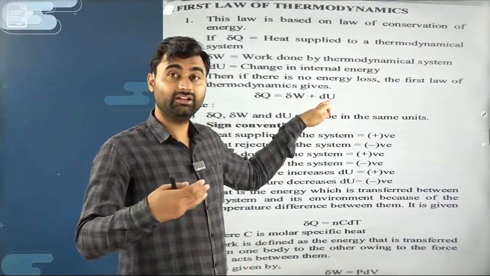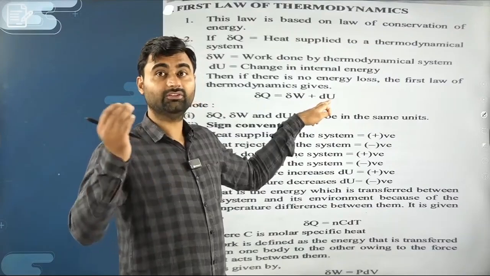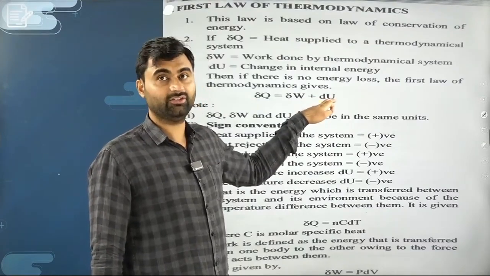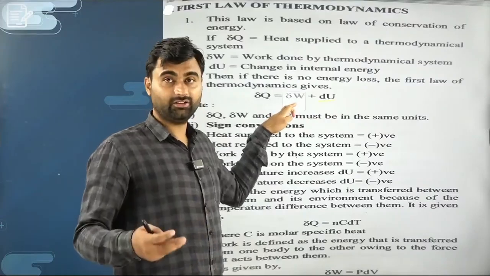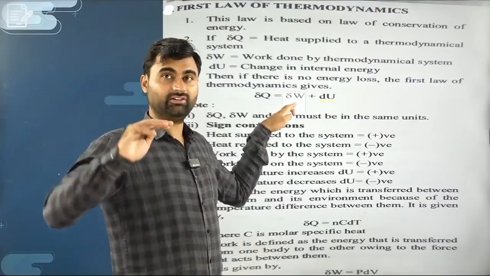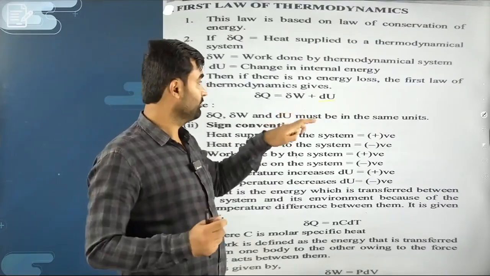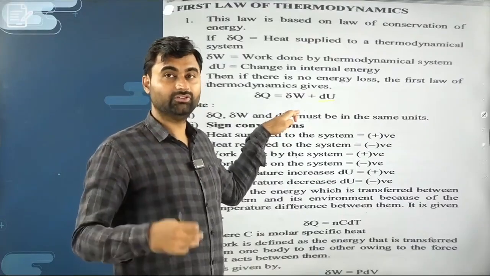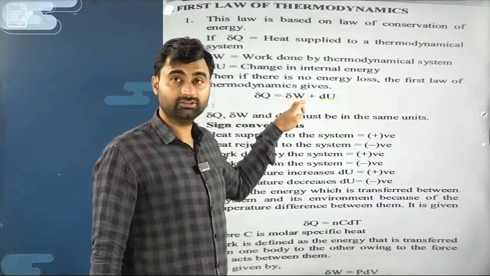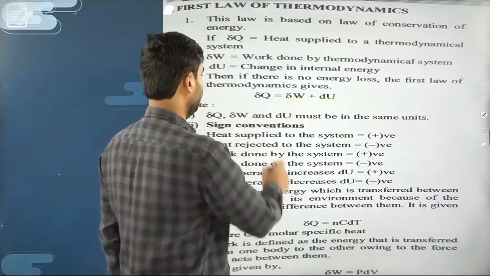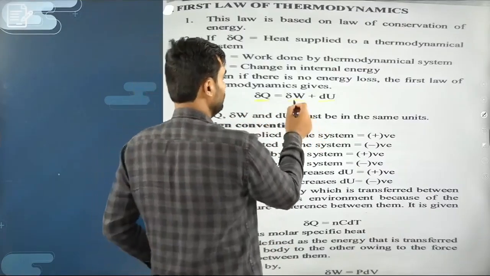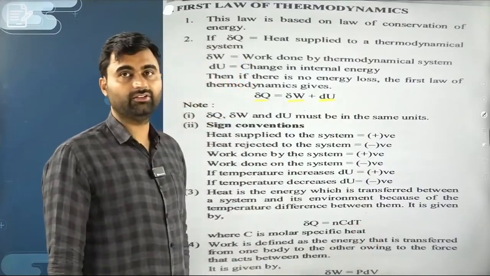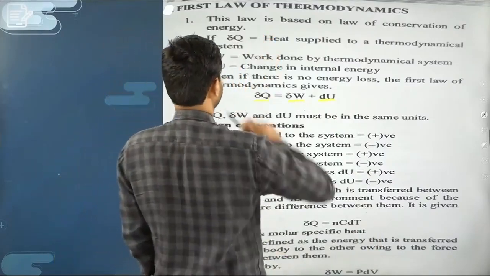We are supplying heat, so temperature will change, so we will write here change in internal energy. We are supplying heat, so the piston will move. There is a possibility of displacement, means change in volume. Change in volume, that is what? Work done. So heat supplied is equal to work done plus change in internal energy. This is what? First law.